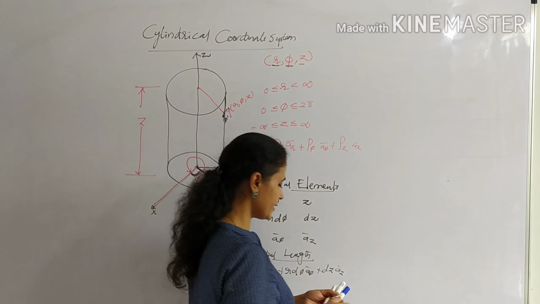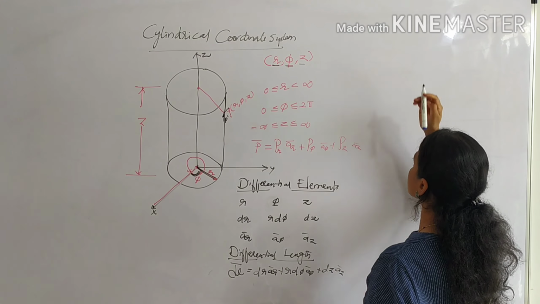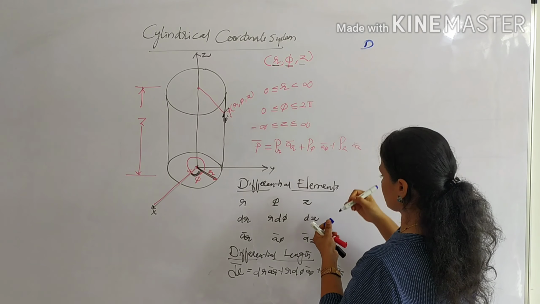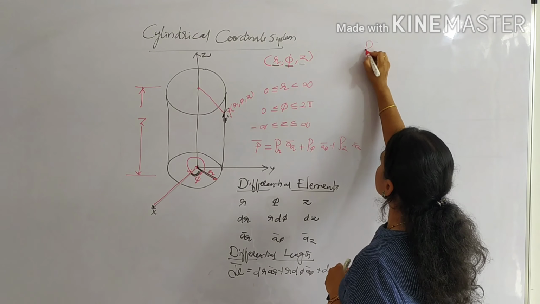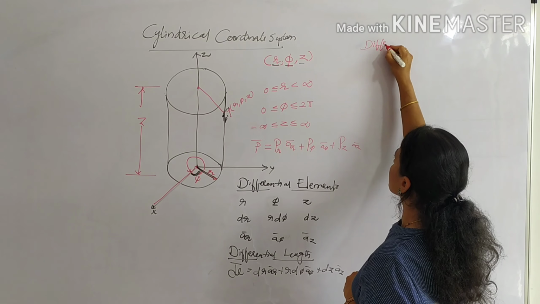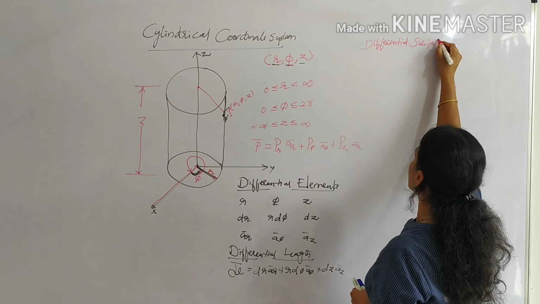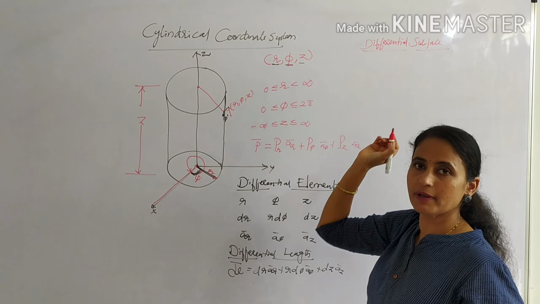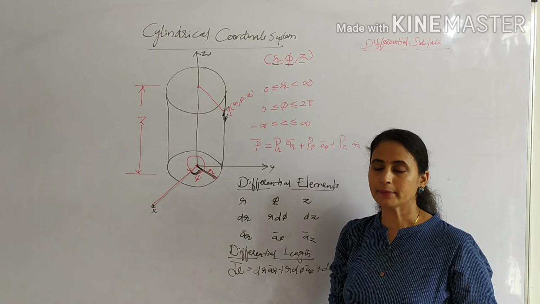Now, differential surface. As we know, a surface is formed with two coordinates and the third coordinate is normal to it.